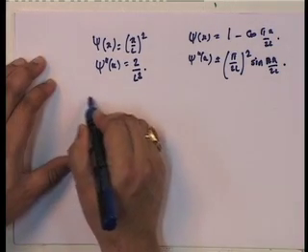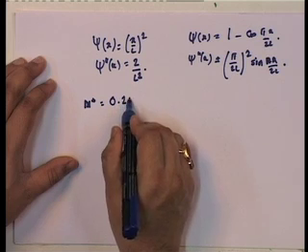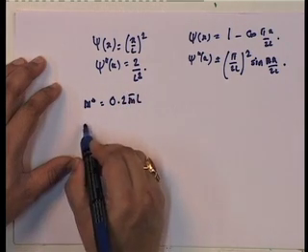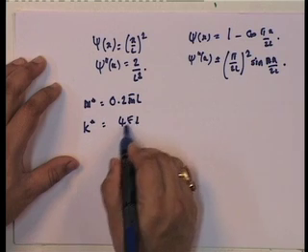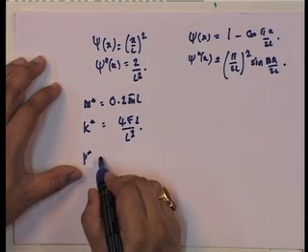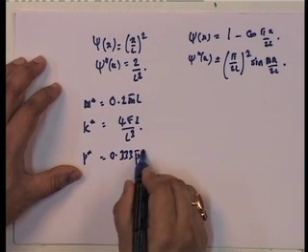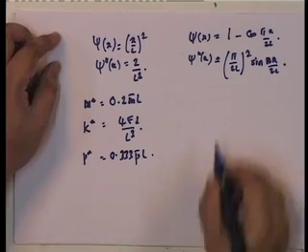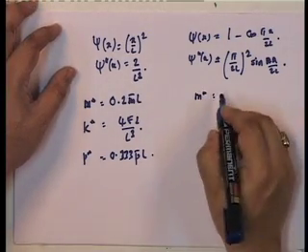And for this the m star is equal to 0.2 m bar L, k star is equal to 4 EI by L, and p star is equal to 0.333 p bar L.